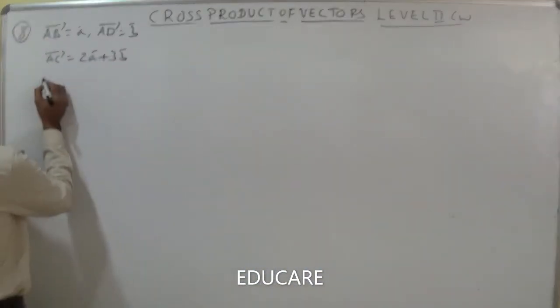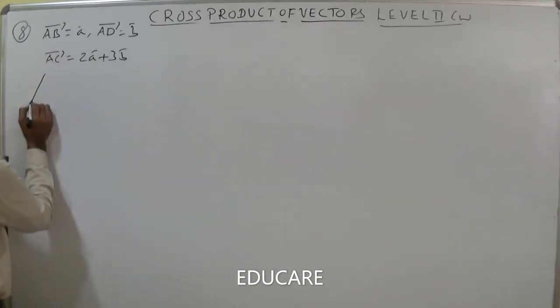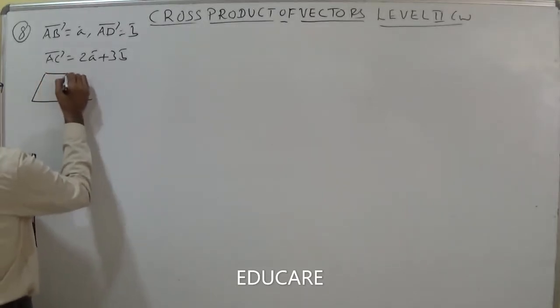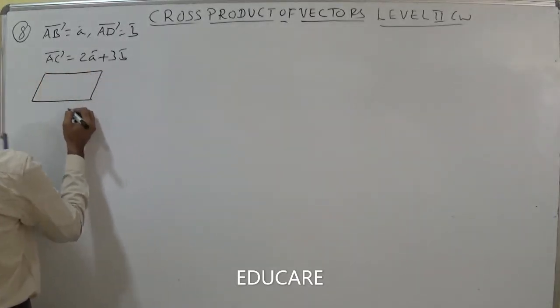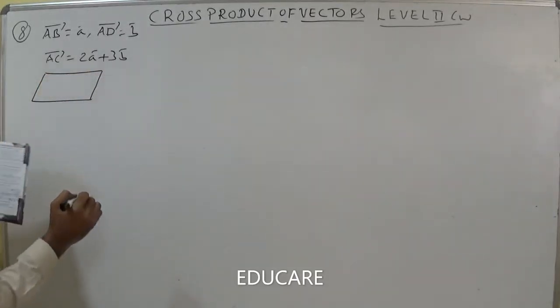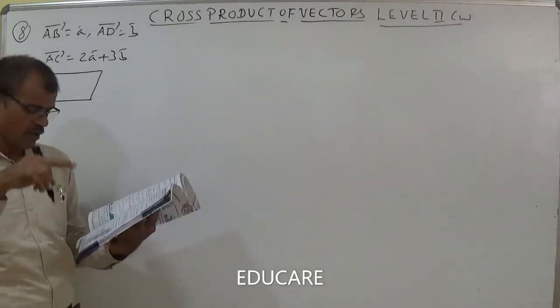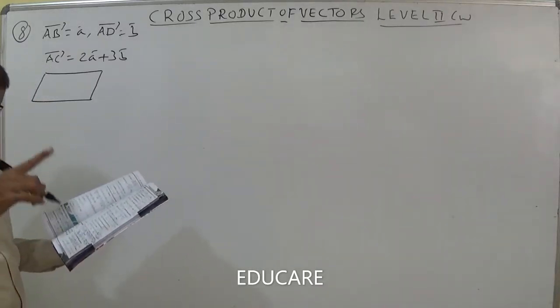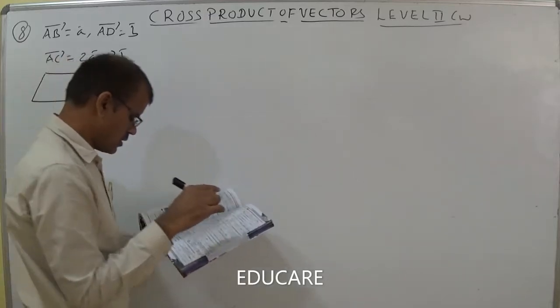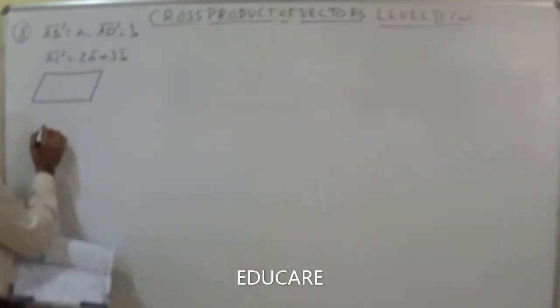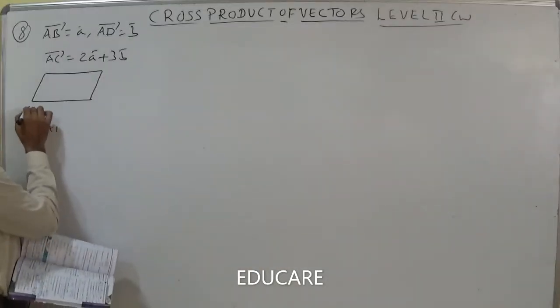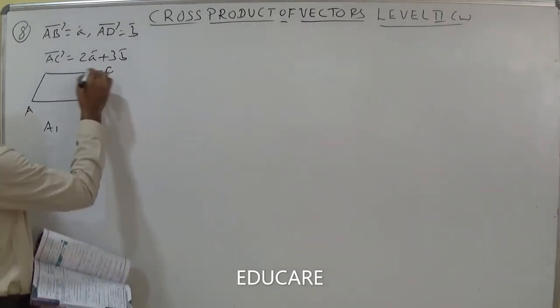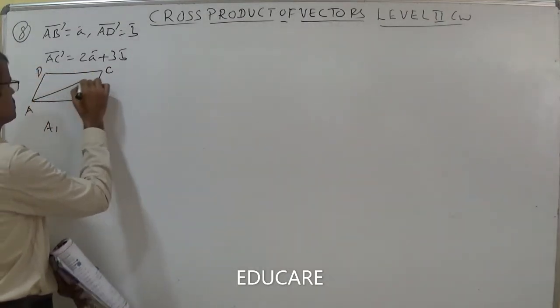Without adjacent sides first, that means with the diagonals we can write. Let it be area 1. Area 1 we can take with the diagonals.